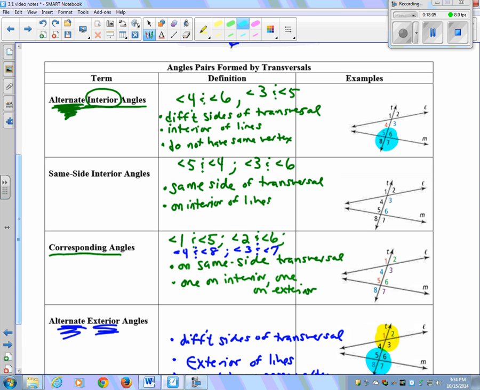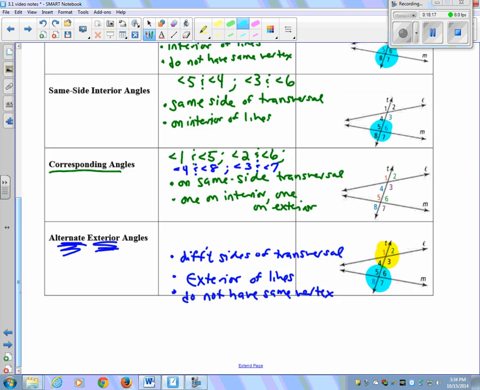Same side interior angles. 6 is from blue, but 3 is from yellow. 5 is from blue, 4 is from yellow. Right? So in every single one of these cases, one's from the top group of angles and one's from the bottom group of angles. Okay, so our alternate exterior angles here are going to be angle 1 and angle 7, and angle 2 and angle 8.